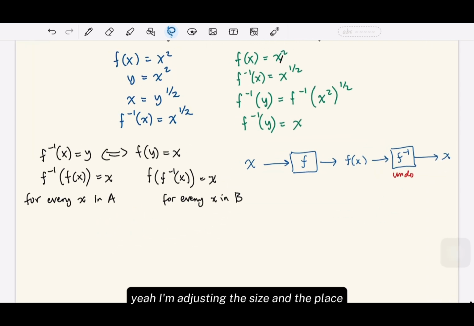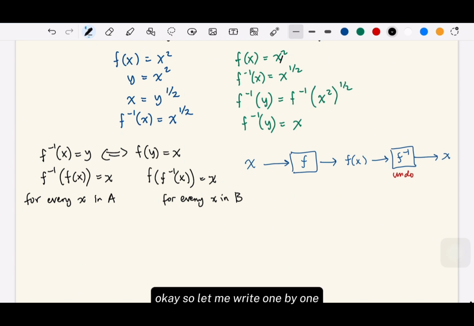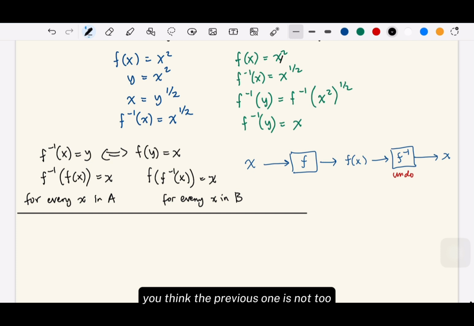Okay, I'm adjusting this size and the place so we can have a little bit of space down there. Okay, so let me write one by one the steps of how we can technically find the inverse, if you think the previous one is not clear enough.